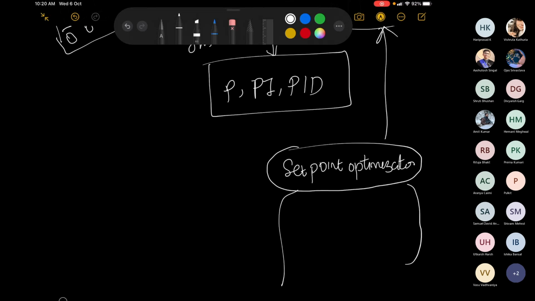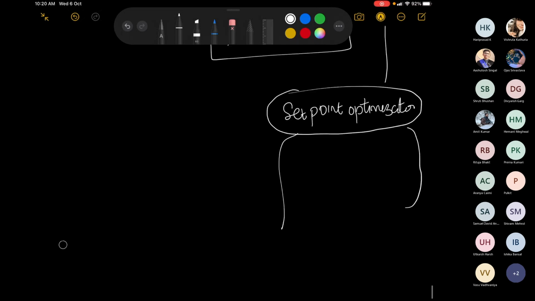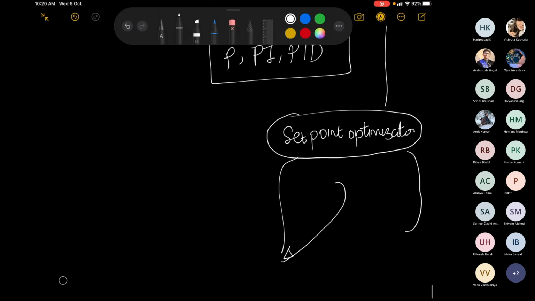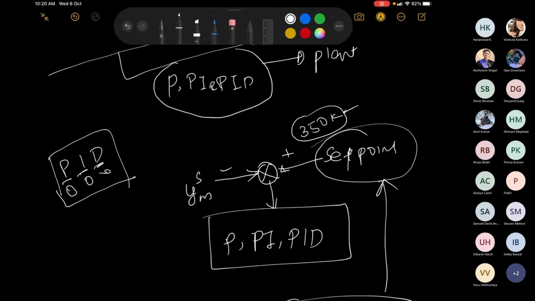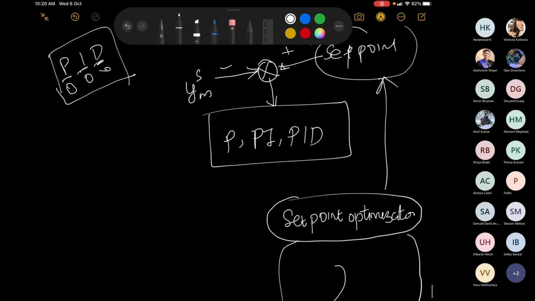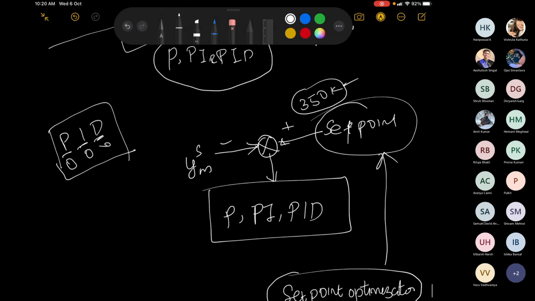So what do you mean by set point optimization? The number that you put in over here would have a bearing on your next one week's performance, because you might keep the same number. Nobody is going to change this number every now and then.